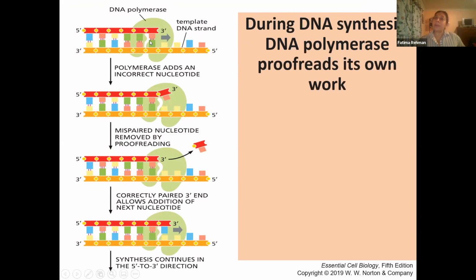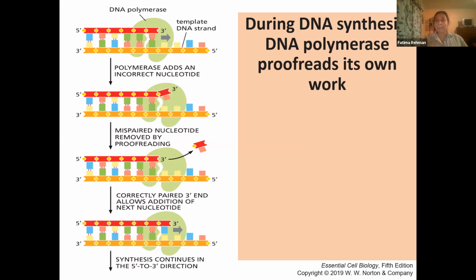Now, remember that horseshoe shape we talked about in the beginning for the DNA polymerase, and we talked about how that was because it had 2 different functions. So the front portion of the DNA polymerase is doing the actual putting together of the complementary strand. The back portion of the DNA polymerase, the second part of that horseshoe, is proofreading its own work.